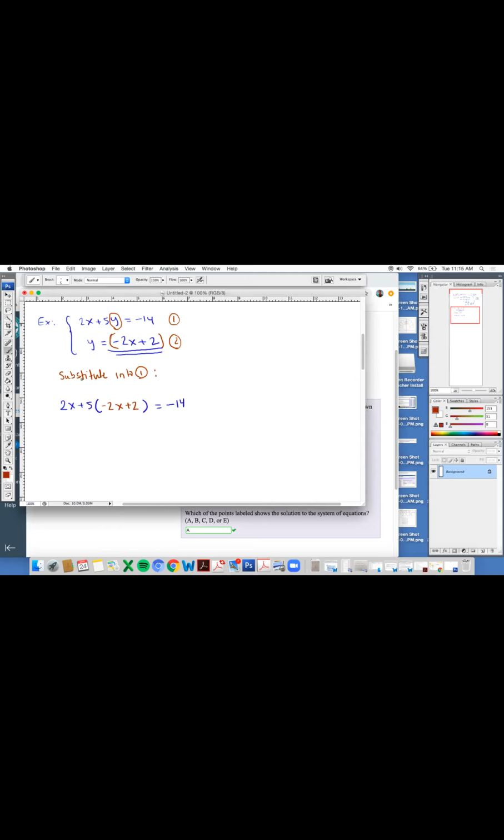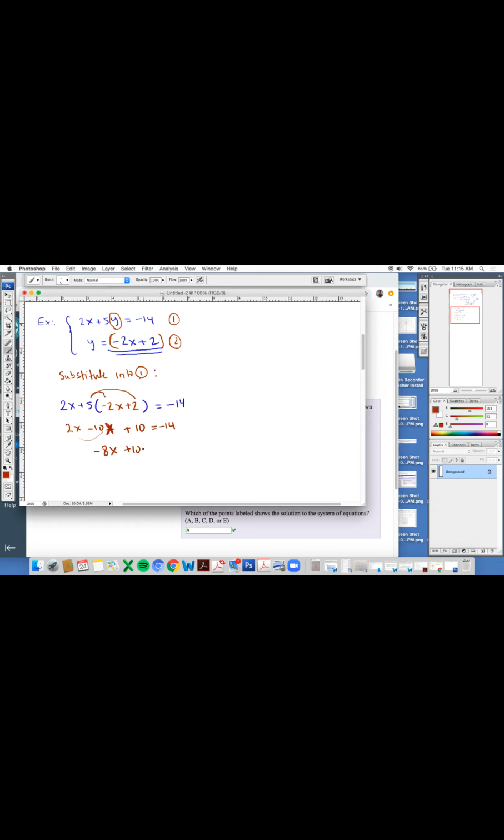Okay, so now we're going to solve this. So we have 2x, and then this gives me minus 10x. Then that gives me plus 10 equals negative 14. Okay, so we continue. These together give me minus 8x.